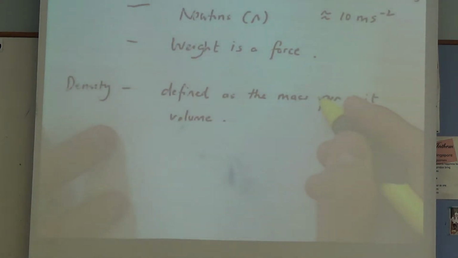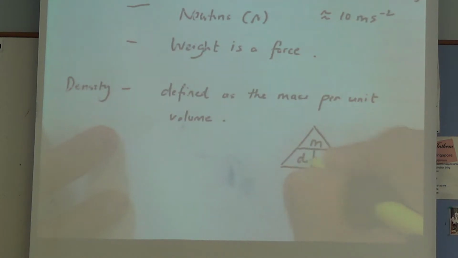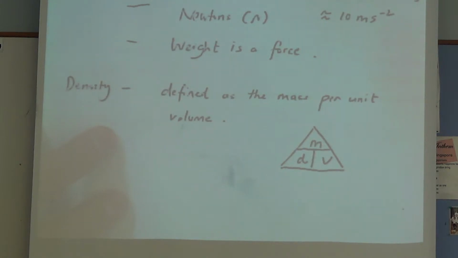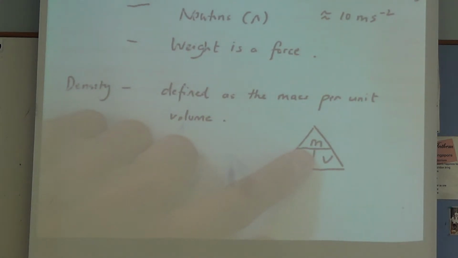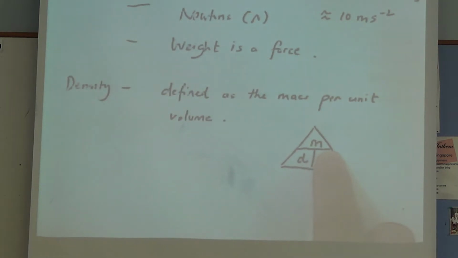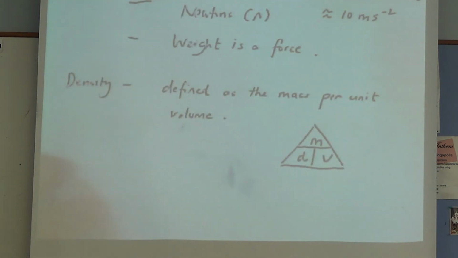Typically, in order to remember this relationship, what we have is this. Mass, density, volume. Right? In order to find density, we cover D, we get mass divided by volume. In order to find volume, I cover V, mass divided by density. In order to find mass, I cover M, density multiplied by volume. Okay?